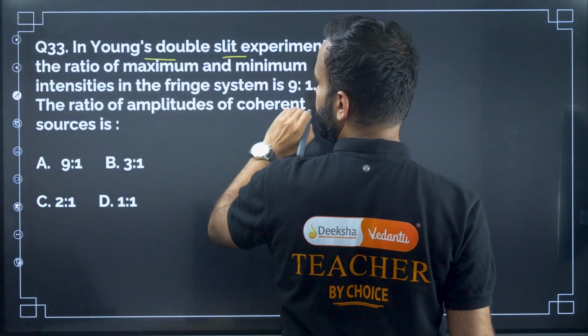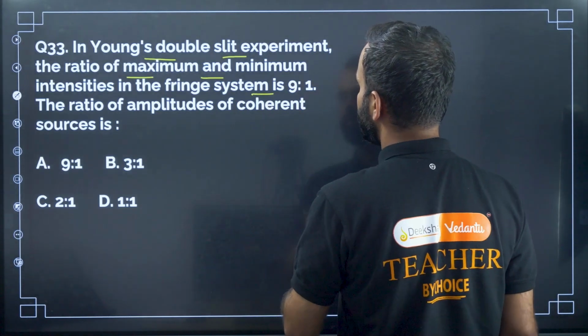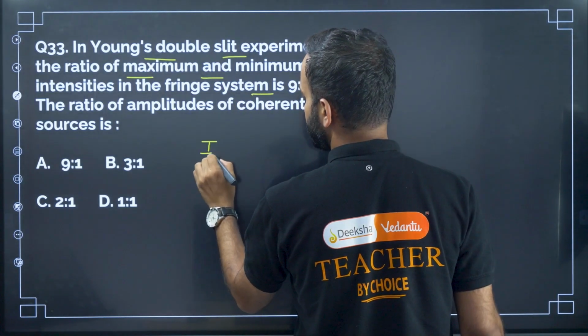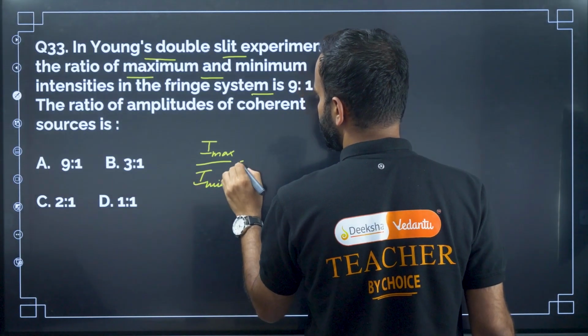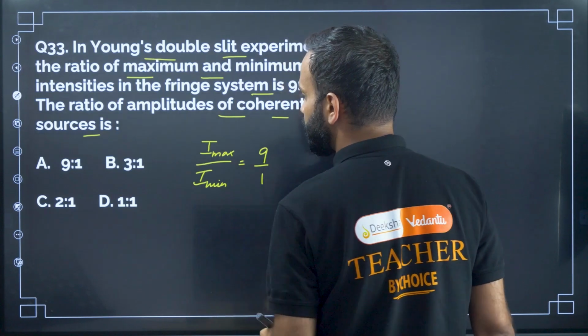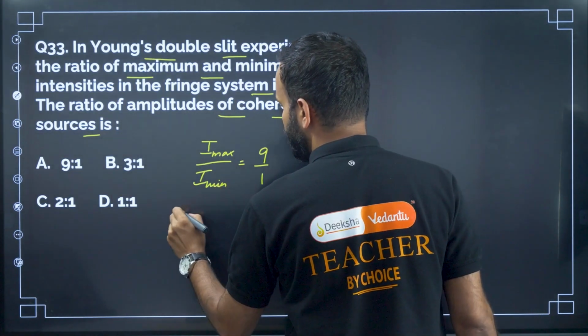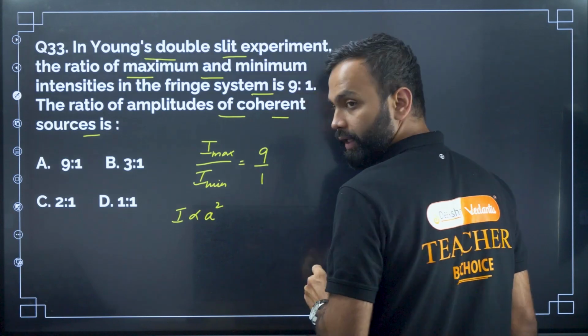In Young's double slit experiment, the ratio of the maximum and minimum intensities in the fringe system is 9:1. That is, I max divided by I minimum is equal to 9 by 1. The ratio of the amplitudes of the coherent sources is? We know that intensity is directly proportional to the square of the amplitude.